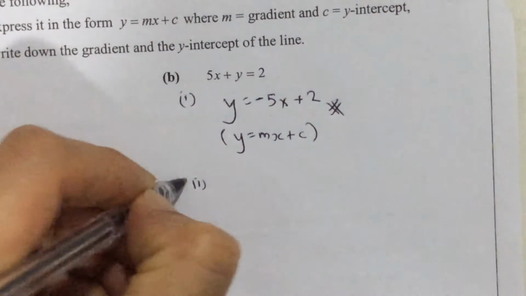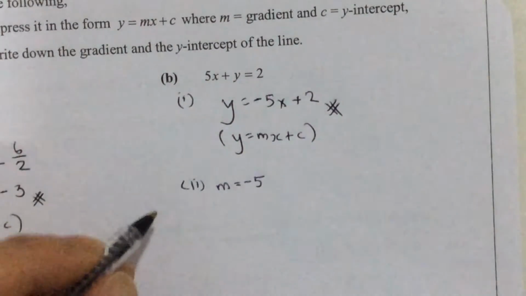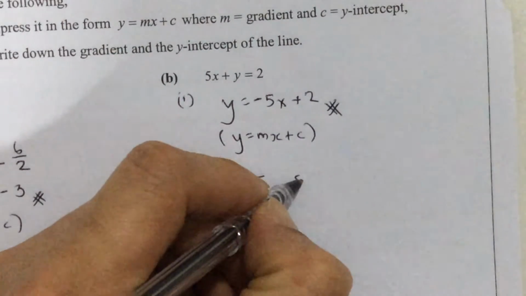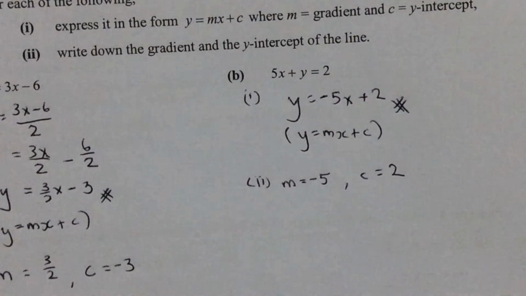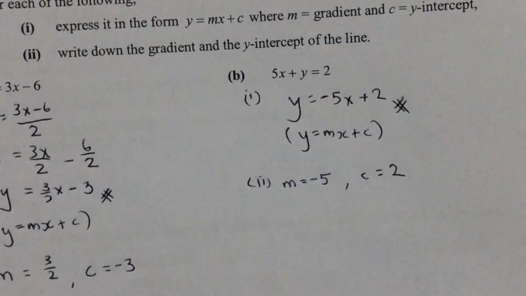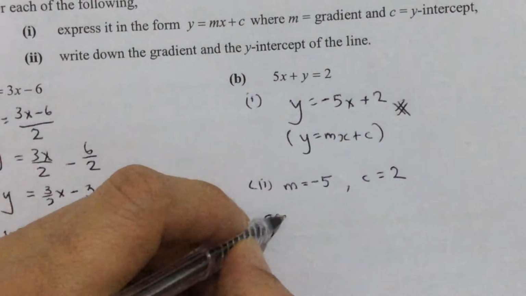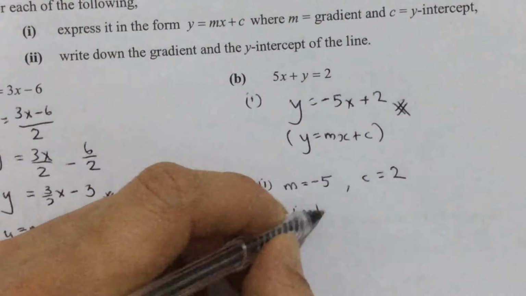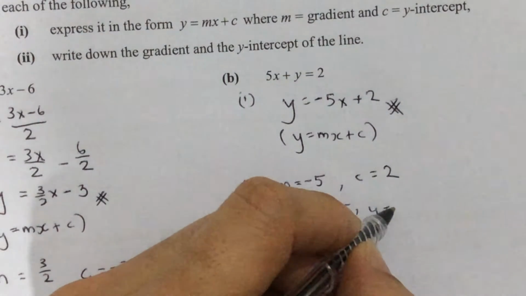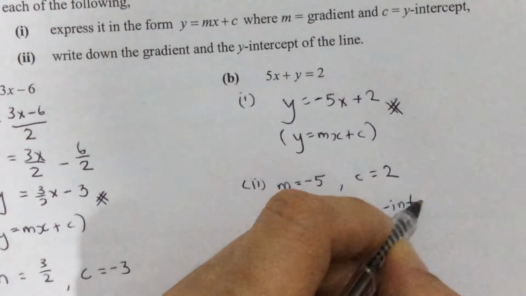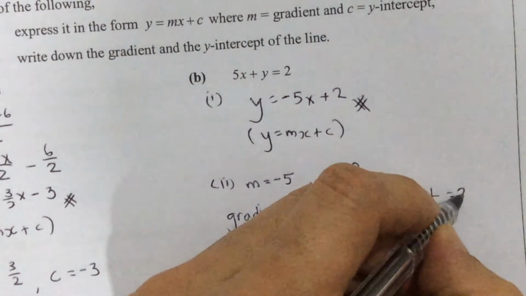So for the second part, m is equals to negative 5 and c is equals to 2. So if you want it to be clearer, m is the gradient, so you can say that the gradient is negative 5 and the y-intercept is equals to 2.